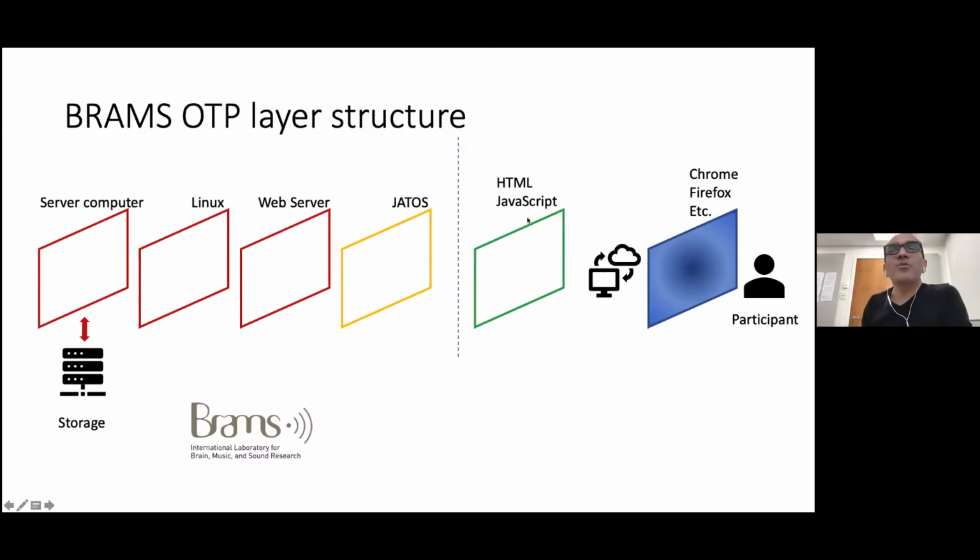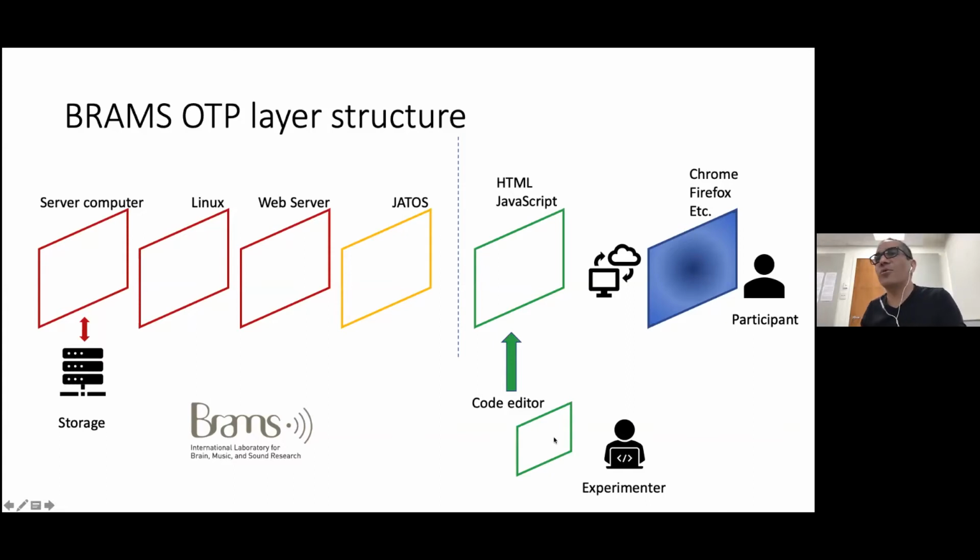So that's all good, and that's pretty much how web pages work and how you interact with the internet. But where are you as an experimenter in this chart? You are here. You are using a code editor that could be Notepad in Windows, could be text edit, I think, or Sublime in a Mac, or whatever operating system you're using.